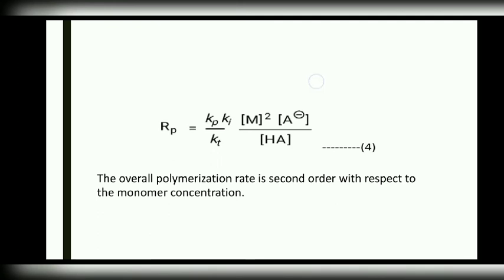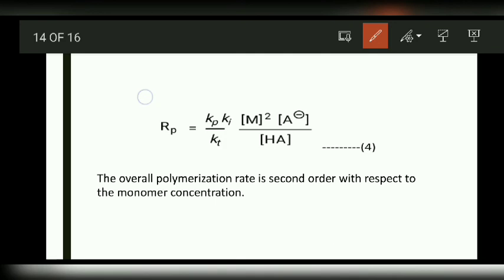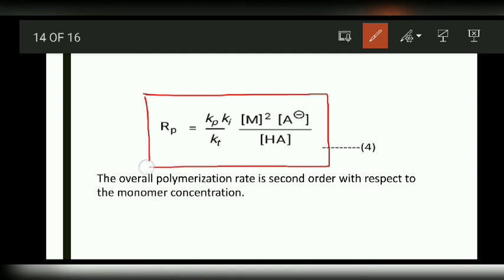See here. When we substitute that value of M minus in the propagation rate equation, we will get this final equation, rate of propagation, or you can also call it rate of polymer formation, right, which is equal to Kp into Ki by Kt into molar concentration of monomer squared into molar concentration of A minus, that is anion, divided by molar concentration of protonating agent, right?